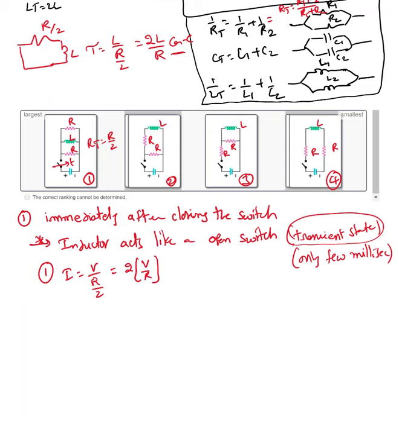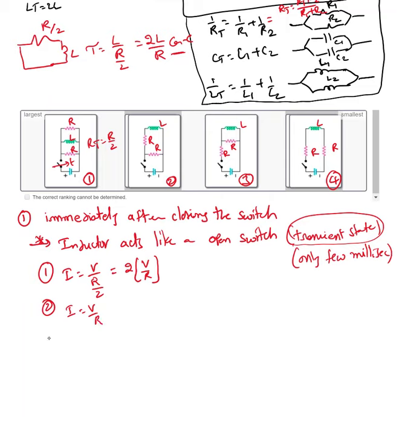For circuit 2, immediately after closing the switch, L is going to act like an open circuit, so the current passes through this, I equals just V over R.